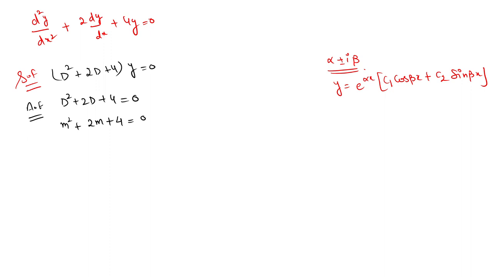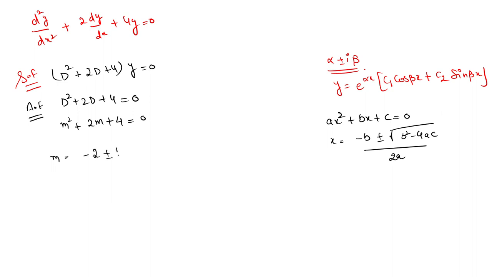Now we know one method. How can you solve a quadratic equation if you are not able to find a root? We will solve it by the discriminant method. What is the discriminant method? If ax² + bx + c = 0 is your equation, x = (-b ± √(b² - 4ac)) / 2a. Similarly, here b is 2, so m = (-2 ± √(4 - 16)) / 2.